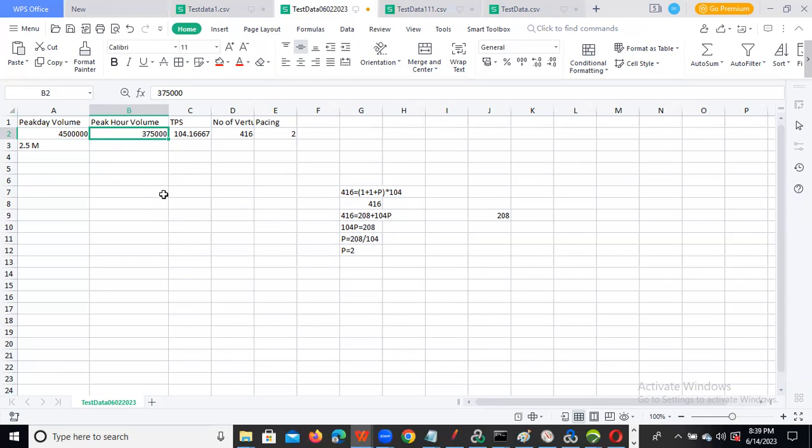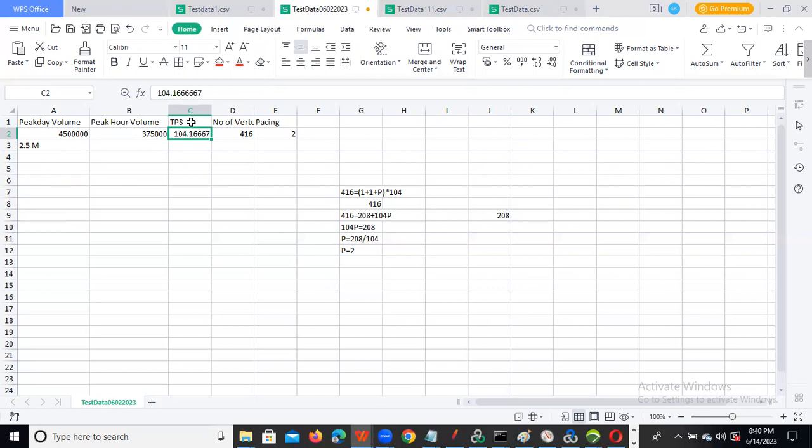So how did I convert it to peak hours? Peak day to peak hour. It means we need to convert by dividing by 3600 seconds.